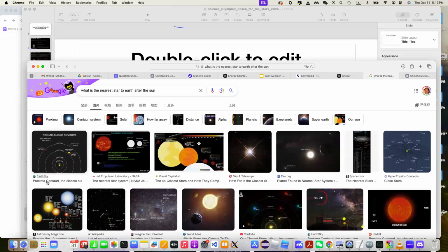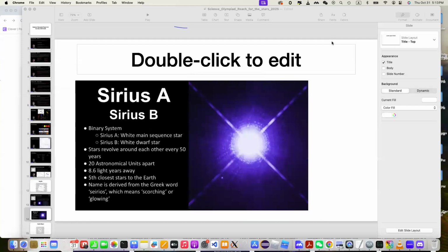Oh yeah, Proxima Centauri, about 4.3 light years. So Sirius A is 2 times further from the Sun, and it is the fifth closest star to the Earth. So between Sirius and Proxima Centauri, there are 3 stars.